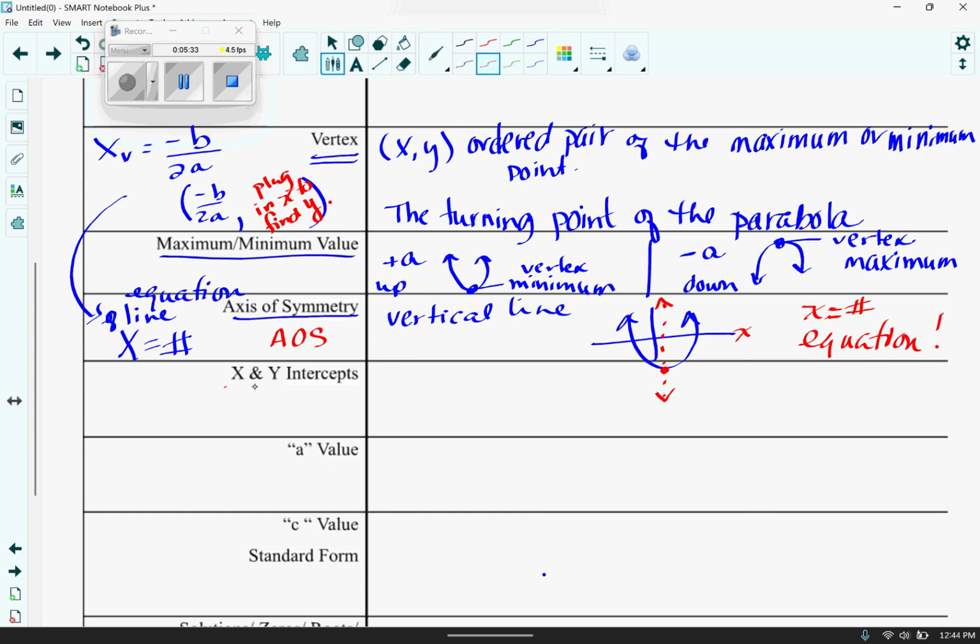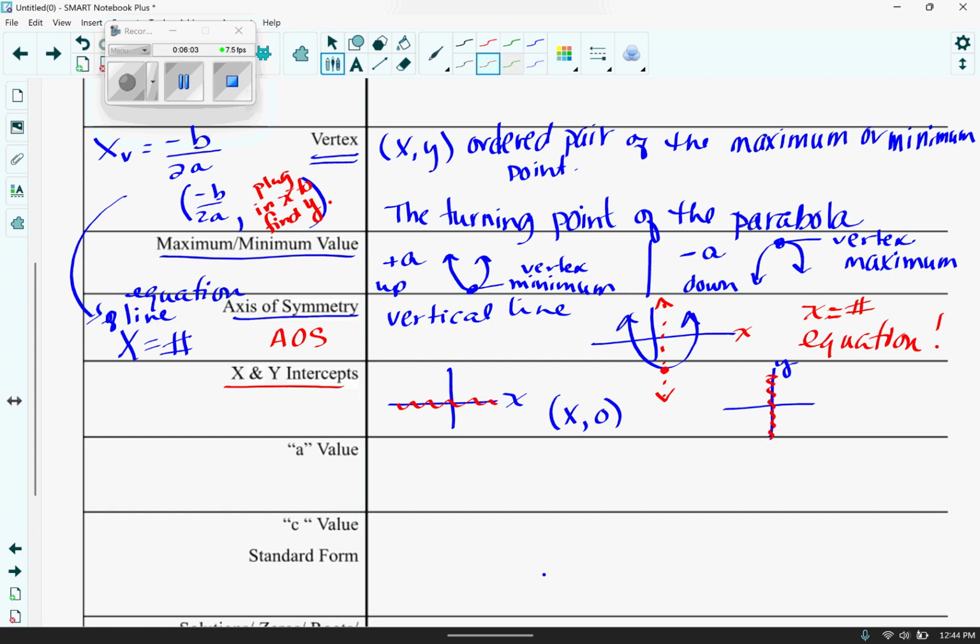Then we have the x and y intercepts. Well, if it's an x-intercept, it crosses somewhere on this line, and any ordered pair on that line is going to have a y value of 0. The y-intercept is where something crosses this line.